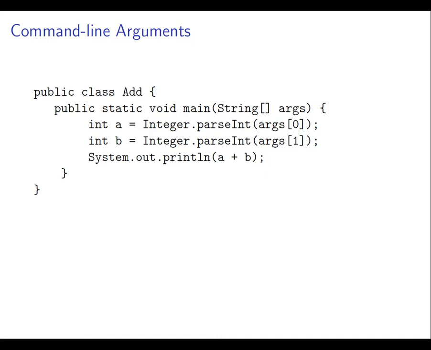Here it is. Just like before, it's described as a public class whose name is add. We saw that already when we named it on the command line. Just as before, it has a public static void main method with a string array args as its argument.